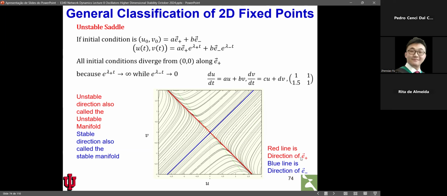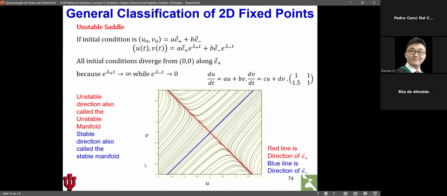The red line is the direction of the plus, of course, because it's going to infinity, and the blue line is the direction of the minus, which is going here. Unstable direction, also called the unstable manifold. Stable direction, also called the stable manifold.